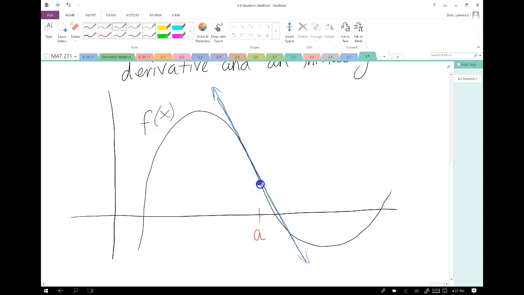The tangent line involves finding the derivative, right? So if I know my function and I have an initial guess at where I think the intercept is going to be, I can create my tangent line. To find the equation for my tangent line, I need the slope of the tangent line, which is f prime of a.